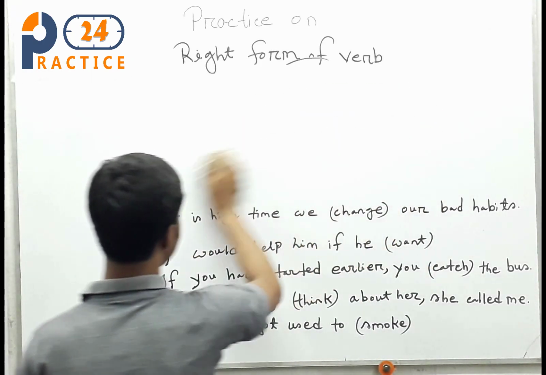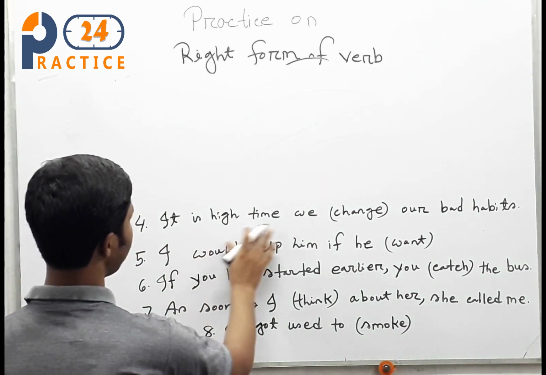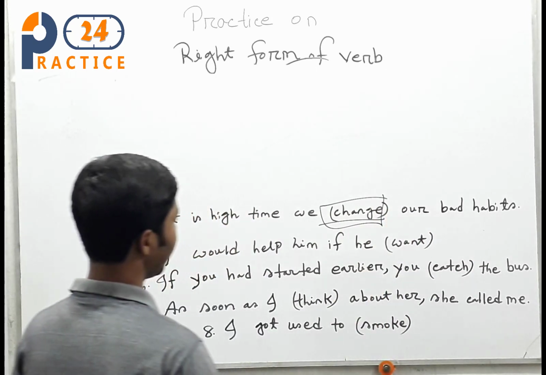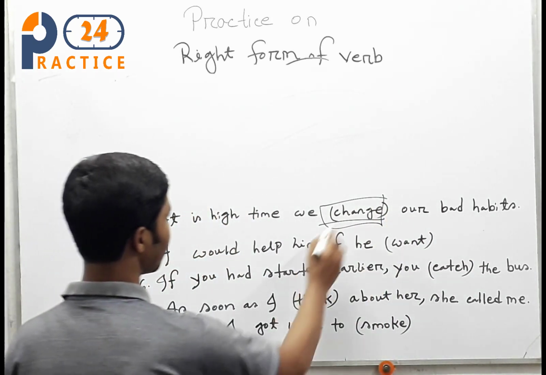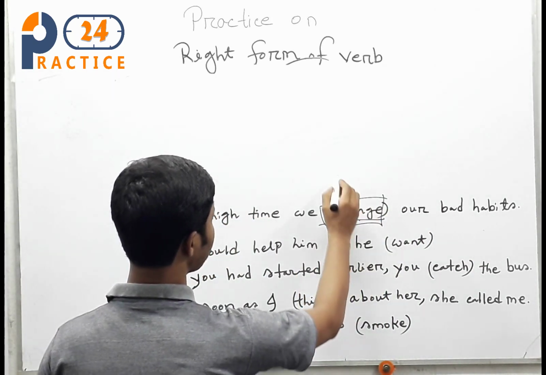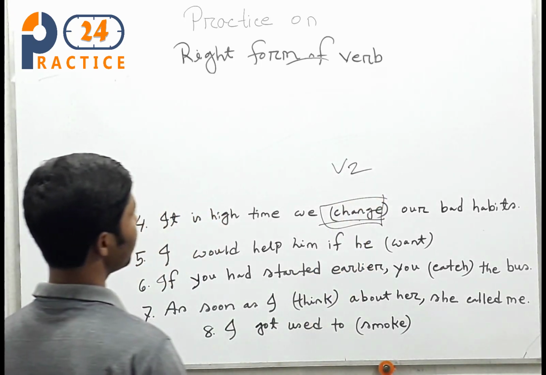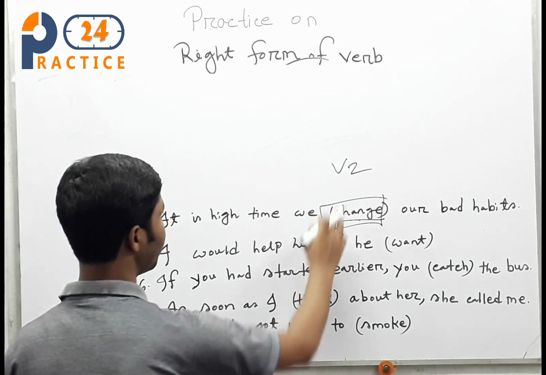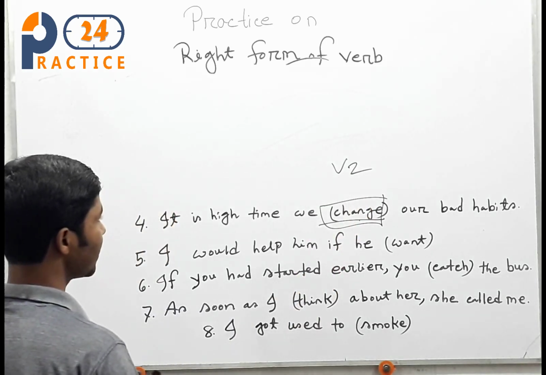Here is my next example for you: It is high time we change our bad habit. Here change is the verb, and when you write down the answer for your verb, you have to write the verb in V2, I mean past form. V1 means present form, V2 means past form, and V3 means past participle form.